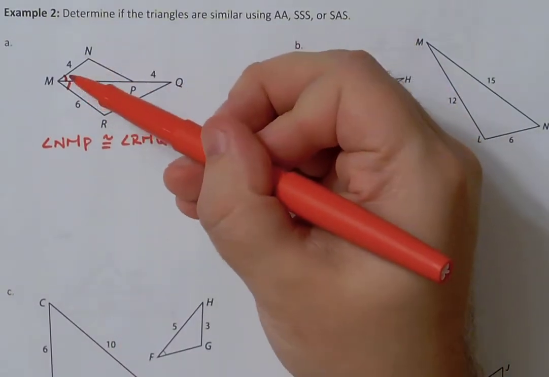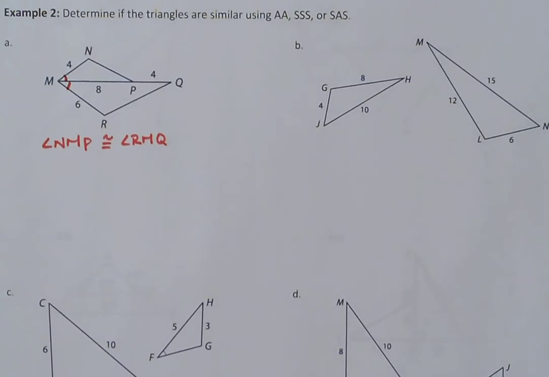So I know that these two angles are congruent because they gave me that information. Now, a quick and easy thing would be if we knew anything about any of the other angles. I don't unfortunately know anything about angle N or R or P or Q. So I can't use angle-angle because I only have one angle congruent.